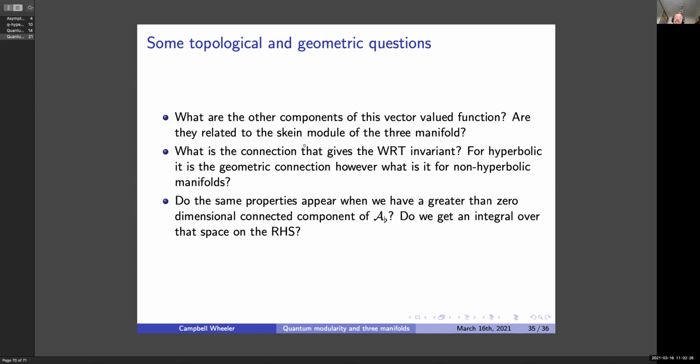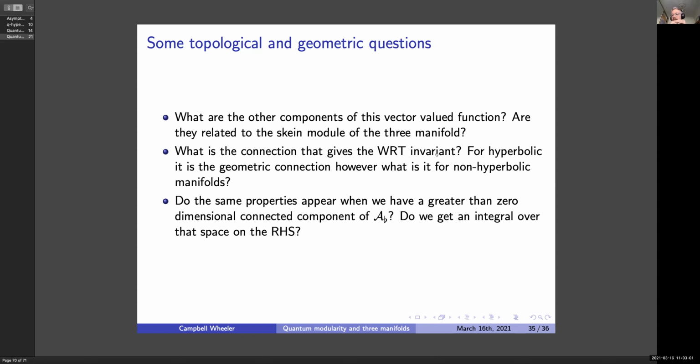Another interesting question: people are often interested in these hyperbolic examples because they're the harder ones, but a question that is of interest to me is what connection gives back the WIT invariant. For the hyperbolic things, we always have the geometric connection corresponding to the WIT invariant. But for non-hyperbolic manifolds, we have to choose some connection that should correspond to the WIT invariant in this vector. And for me, it's not clear what that should be in general.